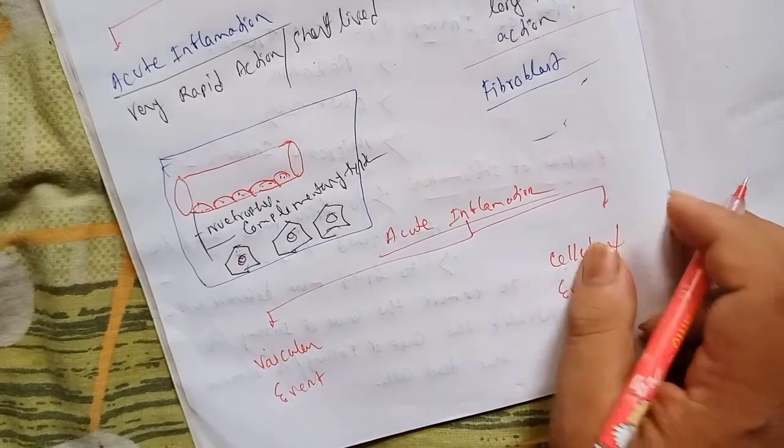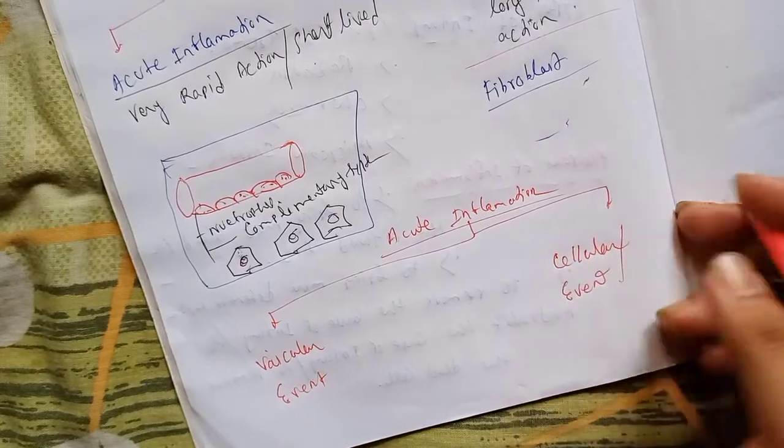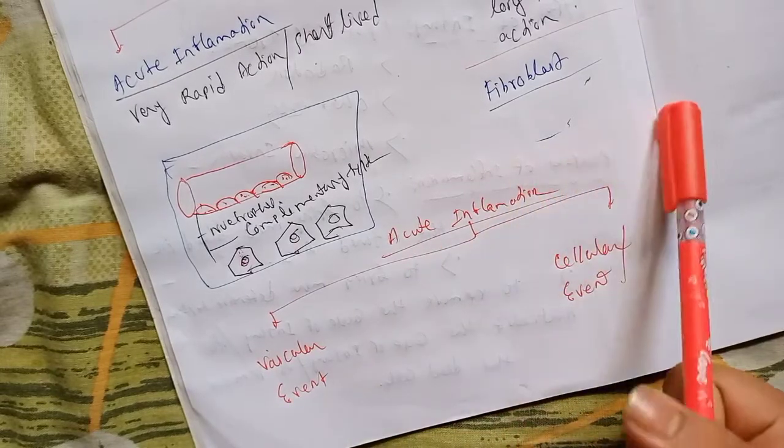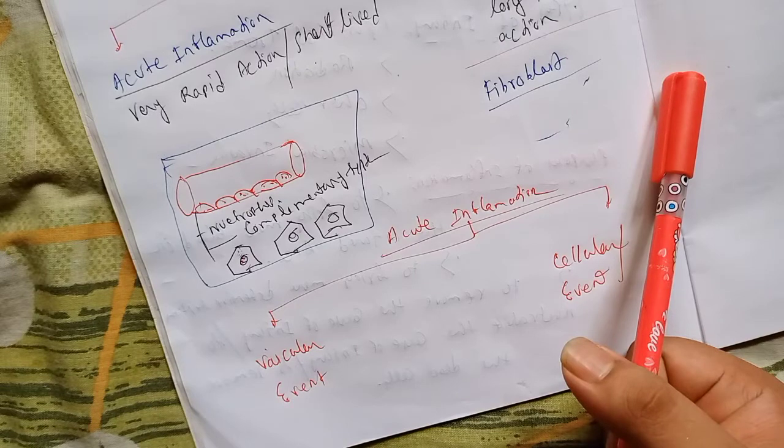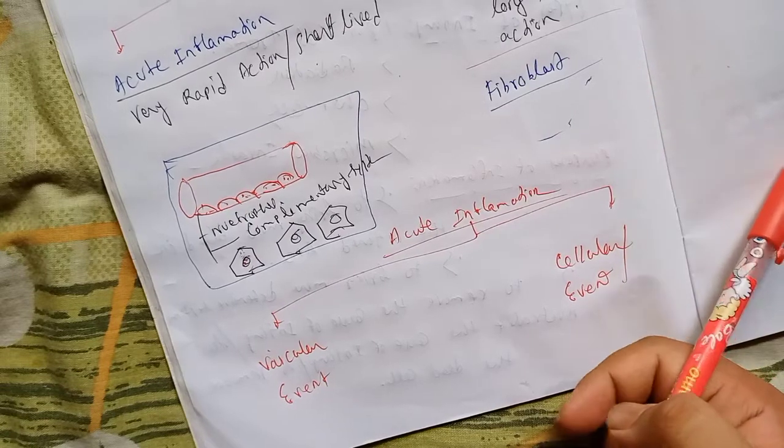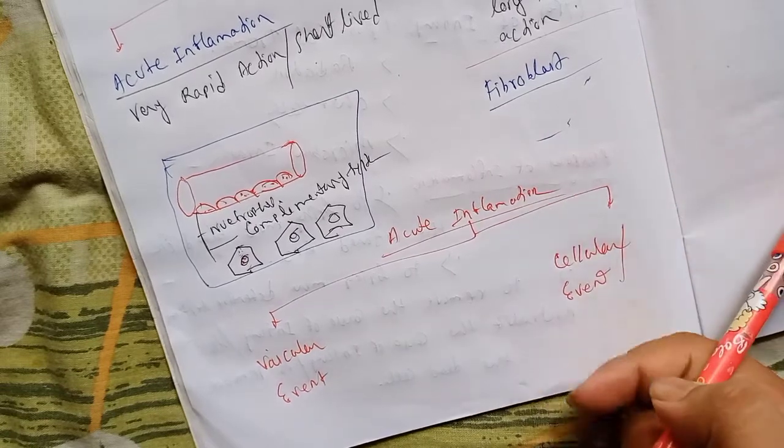It used to be said before that it is a WBC event, but after that we came to know that not only WBC but many cells are involved here, like the endothelial cells. So now we say in common terms that it is the cellular event.